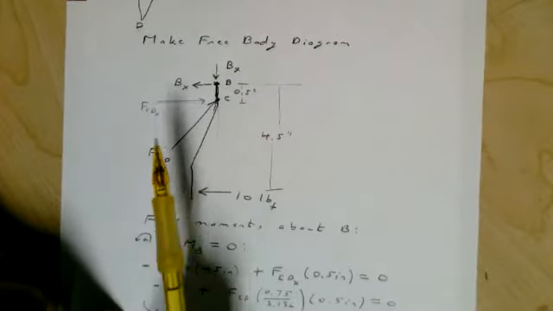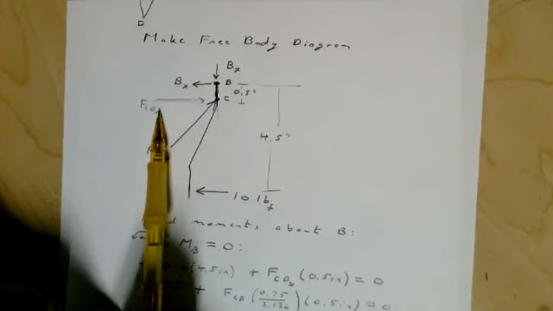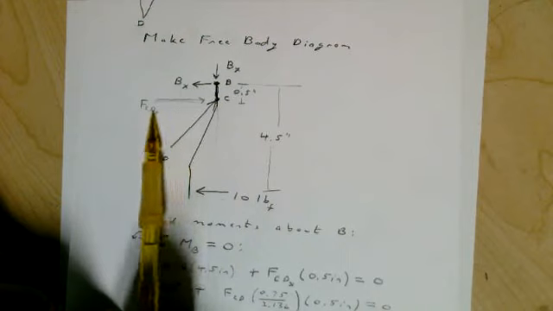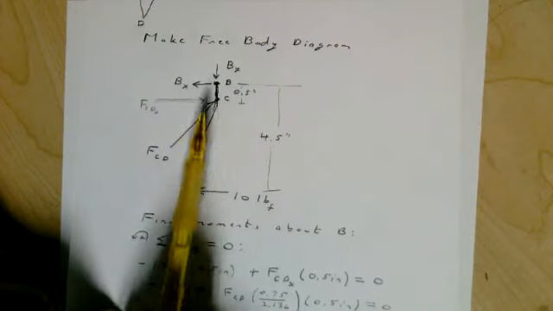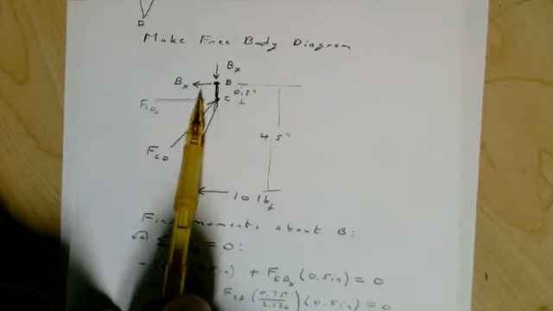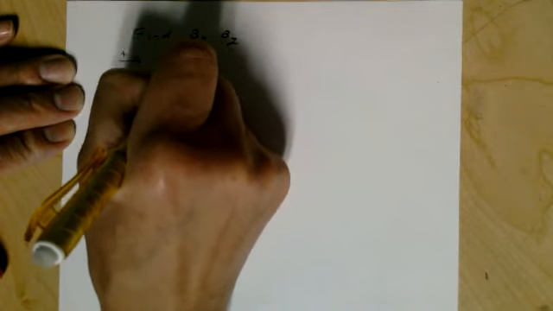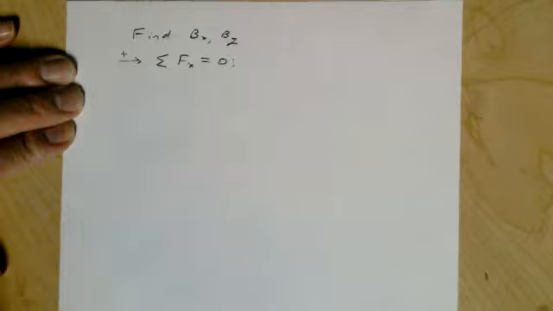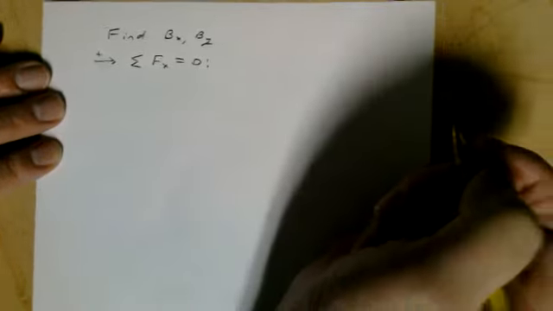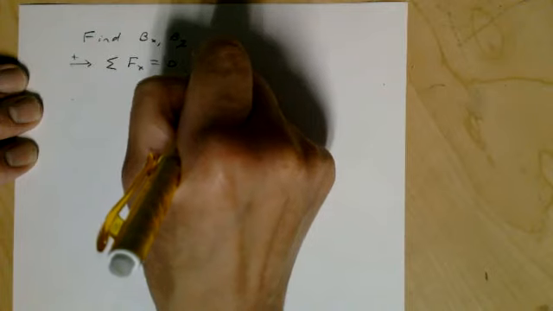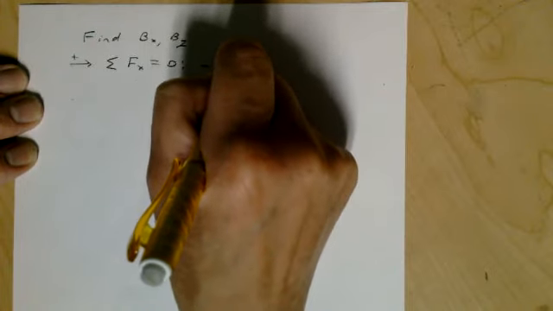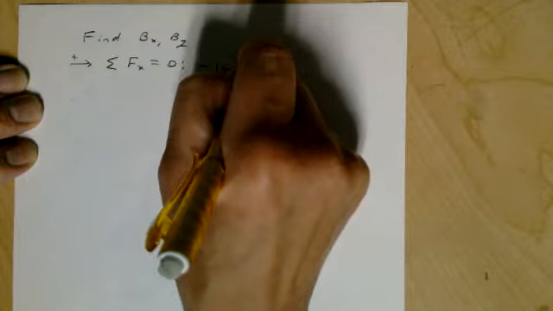So you can see in the X direction, the forces we're going to have are this FCDX, the 10 pounds, and the BX. And so it's going to be a negative 10 pounds minus BX.